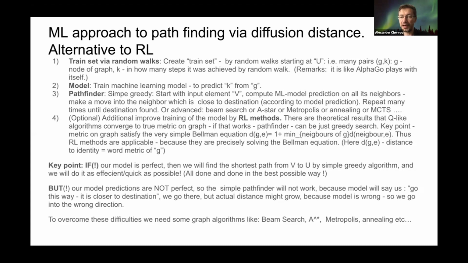So if we run the reinforcement learning algorithm, we should get the distance to the identity, exactly what we want to get. If we get it perfectly without any mistake, then again, the greedy algorithm will give us the perfect solution, optimal length, and in the optimal way.